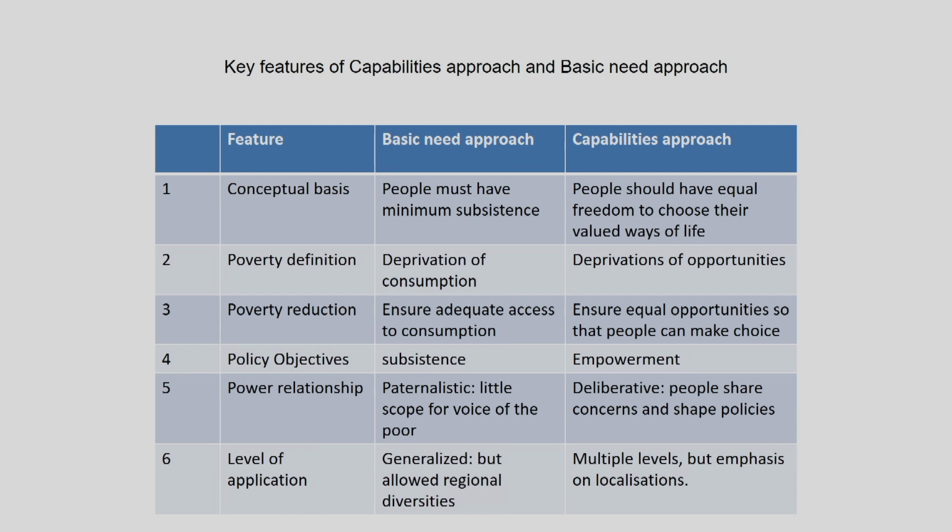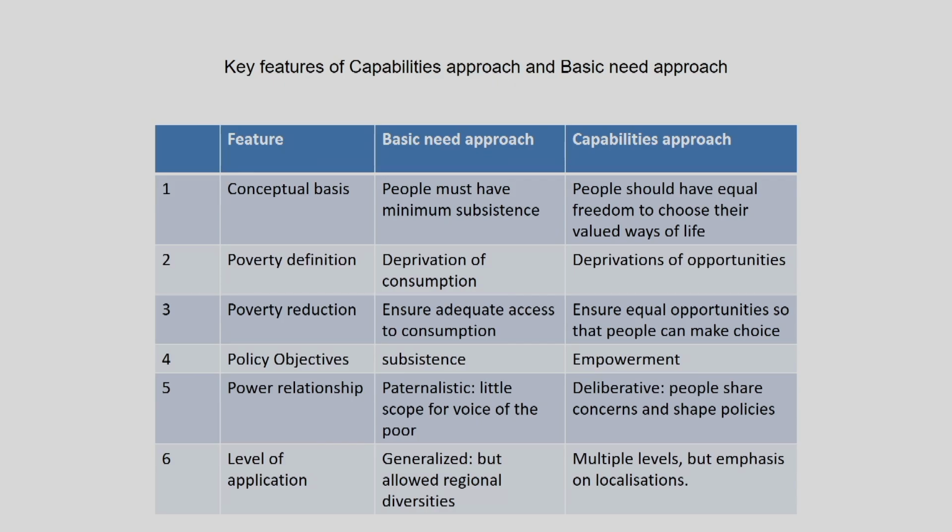So, in the example that I just took about the girl child facing a social constraint of not being able to go to school, the premise of the principle on which the BNA is based will not be able to deal with the problem that the girl child is facing in such a situation. However, the capabilities approach should be able to deal with the situation as it is trying to challenge the social arrangements within which the girl child is situated in, and therefore is working towards providing equal freedom to choose their valued ways of life.